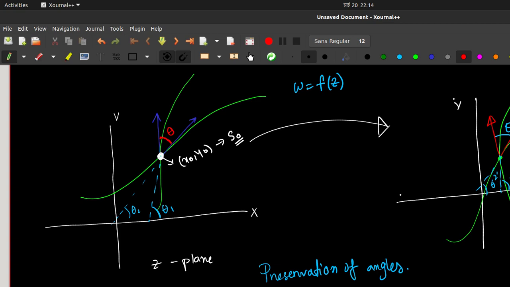This is what it gives you, because if you recall from real variable calculus, once you find the derivative at a particular point, you can then use that derivative to find out the angle that a particular line is making with the positive x-axis. This is exactly what is happening over here.